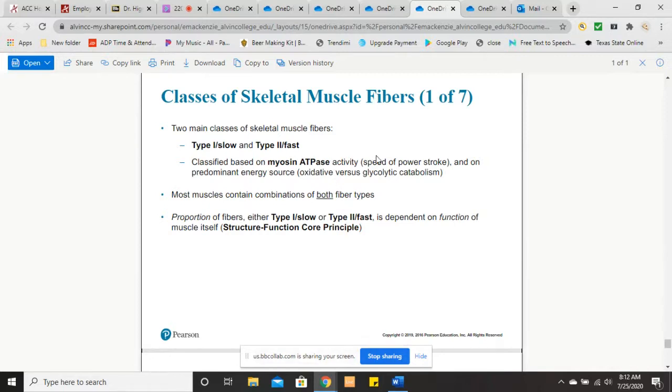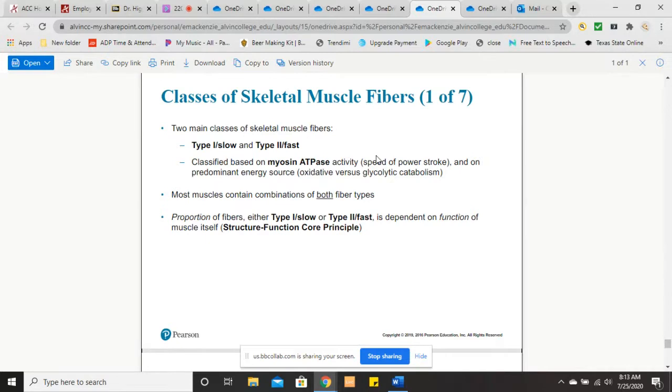Remember, for myosin to interact with actin, it needs to bind to and hydrolyze ATP. For it to hydrolyze, aka use ATP, it needs an enzyme called myosin ATPase. Remember this? Remember ATPases use ATP. Remember there was the sodium potassium ATPase, which used ATP to pump sodium potassium. Well, for myosin to interact with actin and use ATP, it needs myosin ATPase.